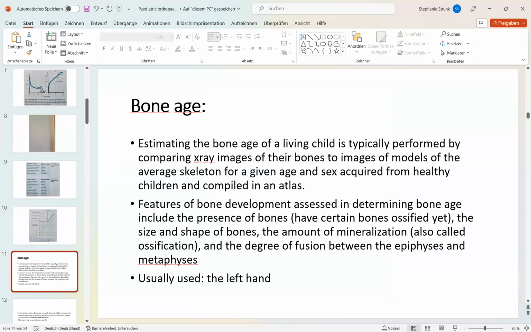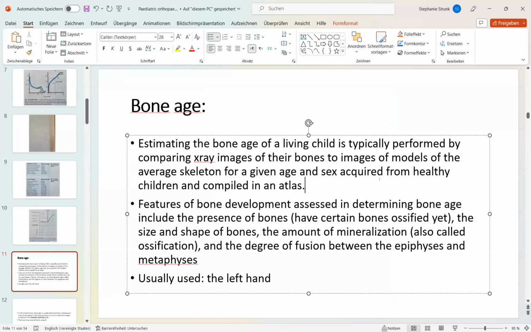Here, this is again how to get the bone age. Estimating the bone age of a living child is typically performed by comparing X-ray images of their bones to images of models of the average skeleton for a given age and sex, acquired from healthy children and compiled in an atlas.